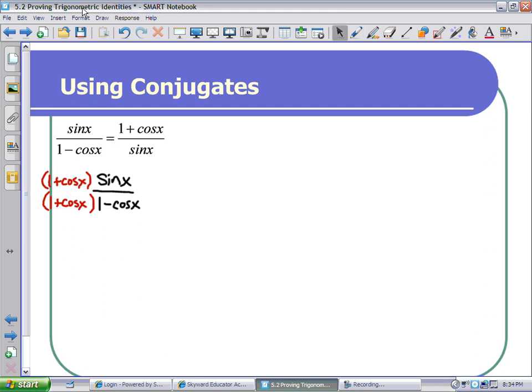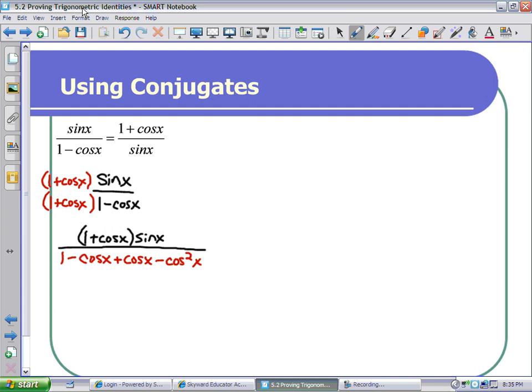Okay, well, when you multiply the denominator, 1 plus cosine x times 1 minus cosine x, you're going to get 1 minus cosine x plus cosine x minus cosine squared x. And for now, in the numerator, we're just going to go ahead and leave that as 1 plus cosine x times sine x.